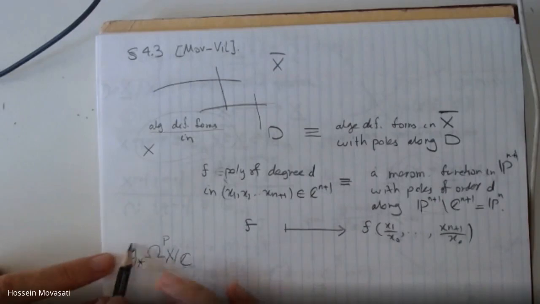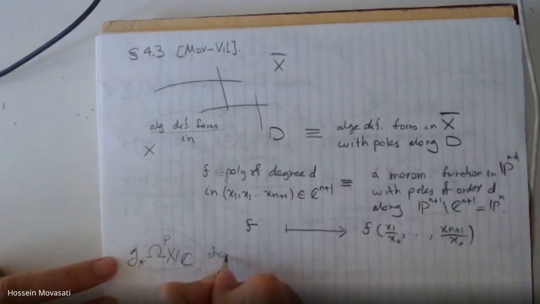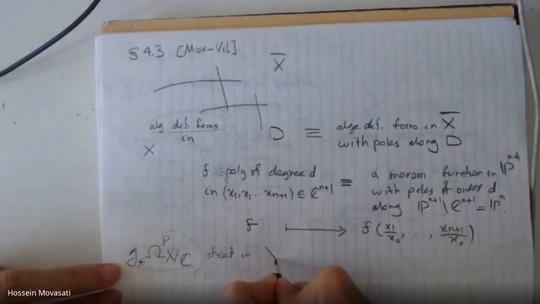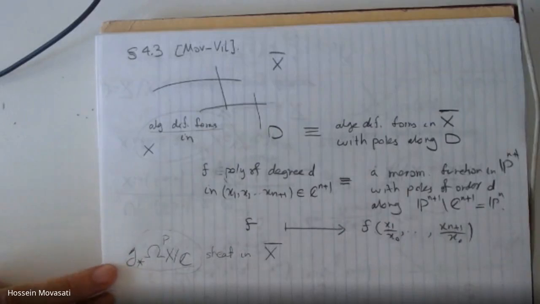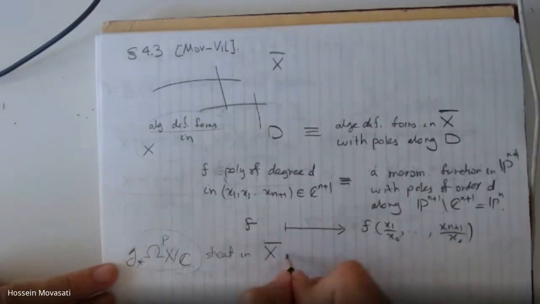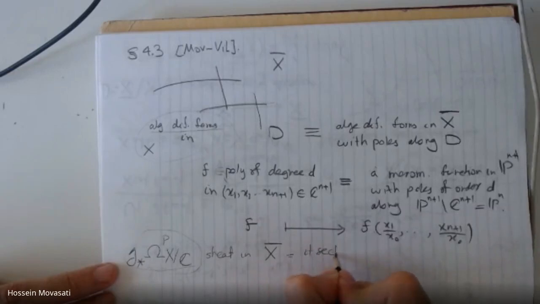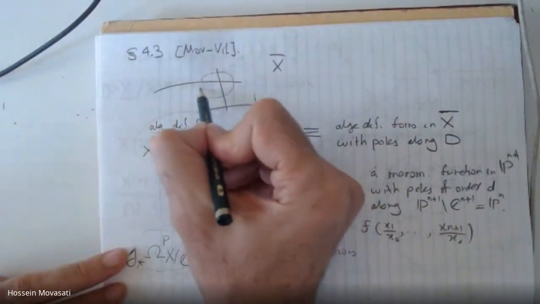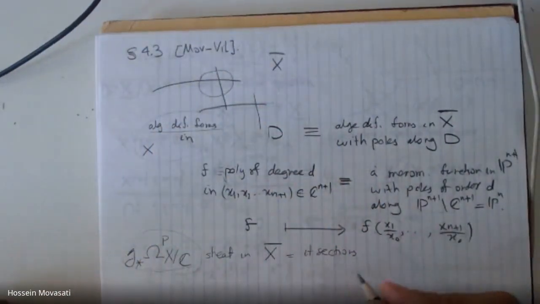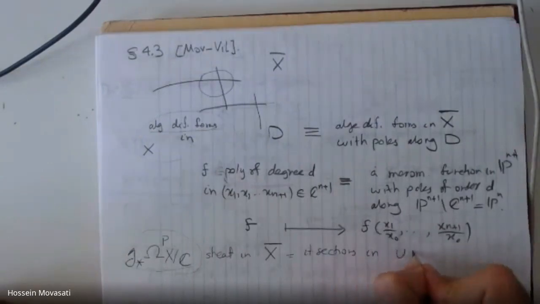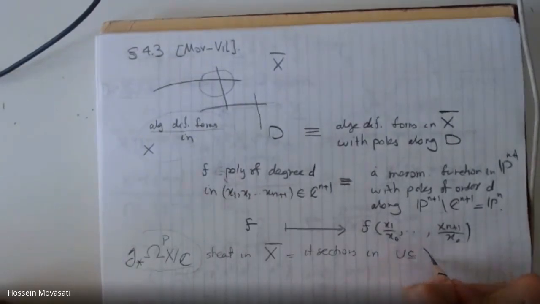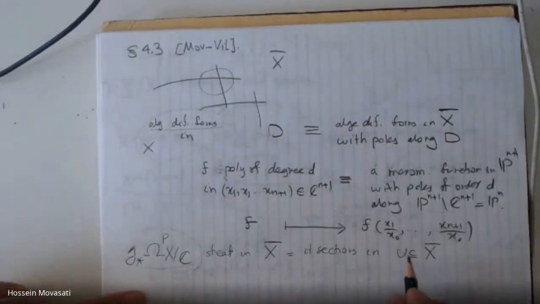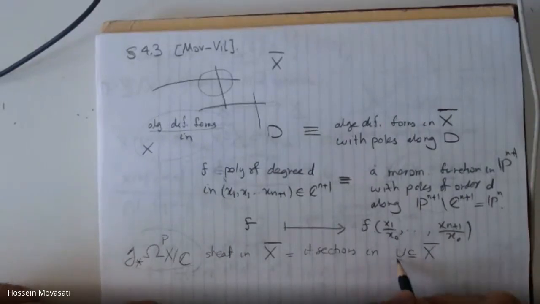So maybe this is, well, a sheaf in the whole X bar, and its sections, I will consider its sections in, let's say, U in X bar, Zariski open. Actually, in this case, Zariski open.